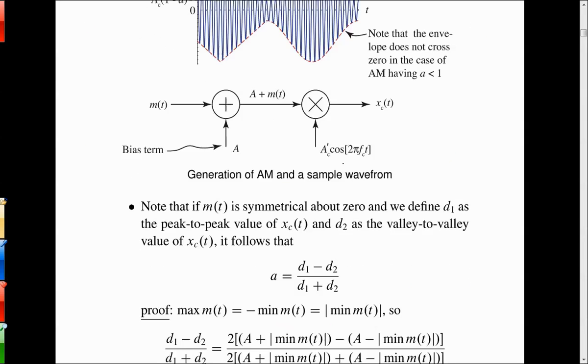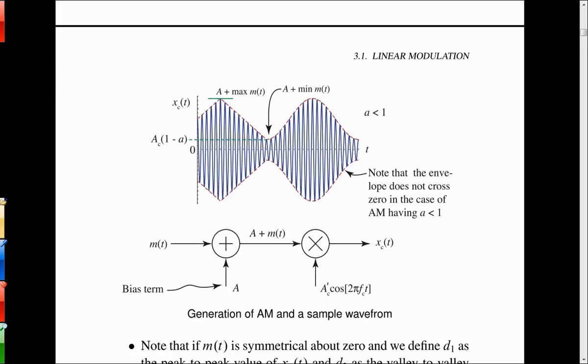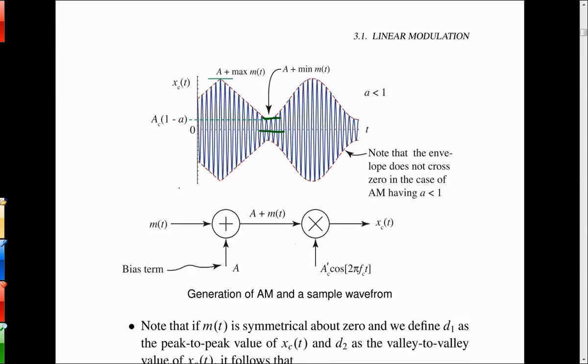But this was the discovery back in the first part of the previous century, the 1900s, that if you did this, then you have this separation like I was talking about last time, so that you can come along with the envelope detector and slice half of that, the top half, and keep it, and then send it through the low-pass filter, and that allows you to demodulate the message with no coherent reference whatsoever. So it becomes a non-coherent receiver using the envelope detector.